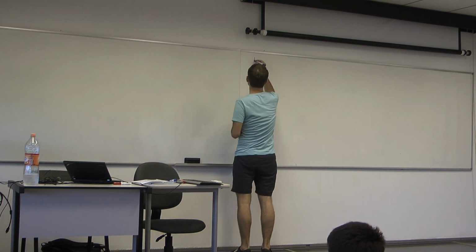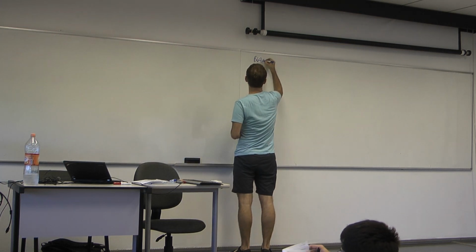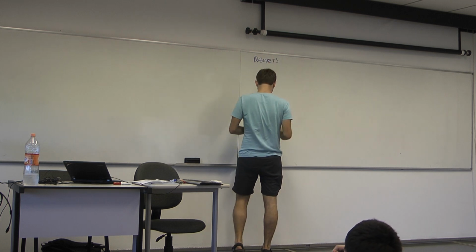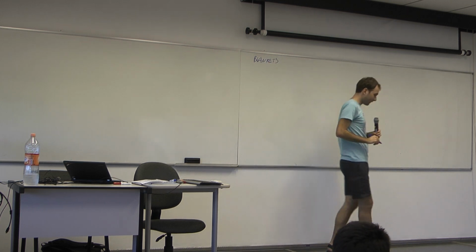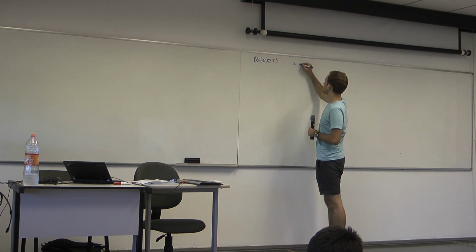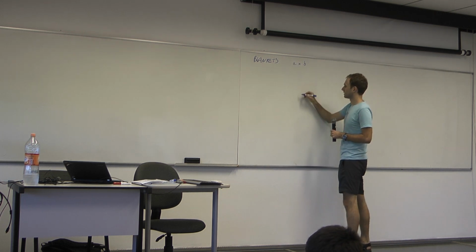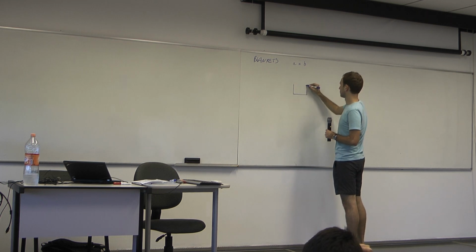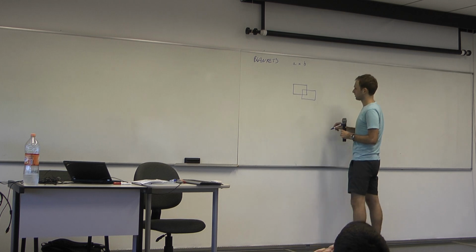Right, so let's start with the task blankets. The task was as follows. We were given some 8 by 8 rectangles that were all aligned in the same way. Like this.